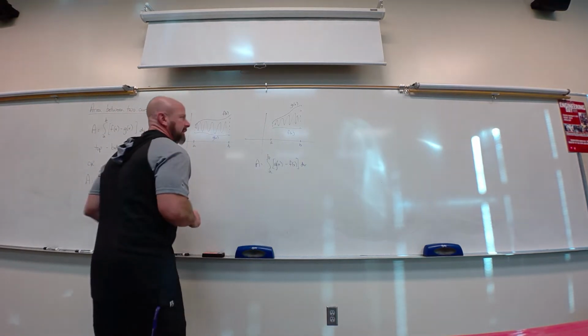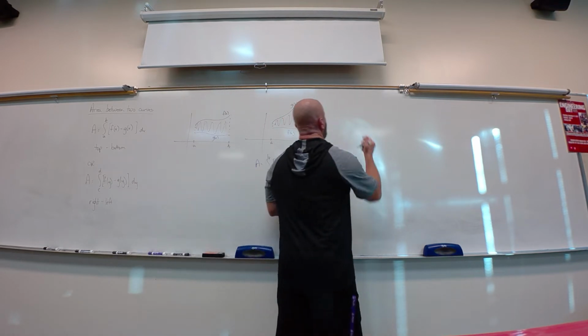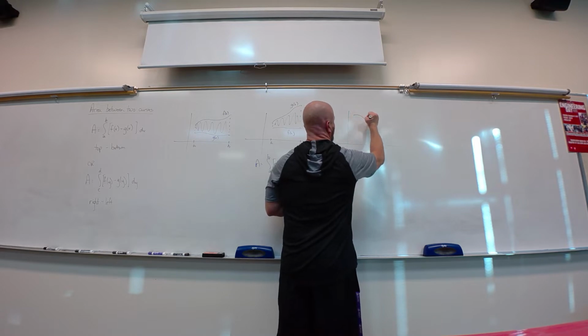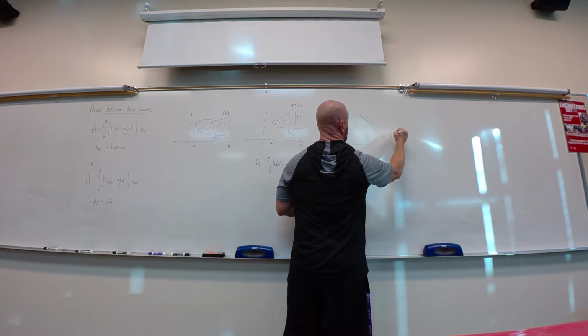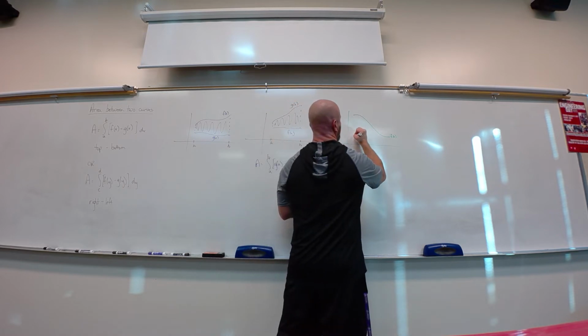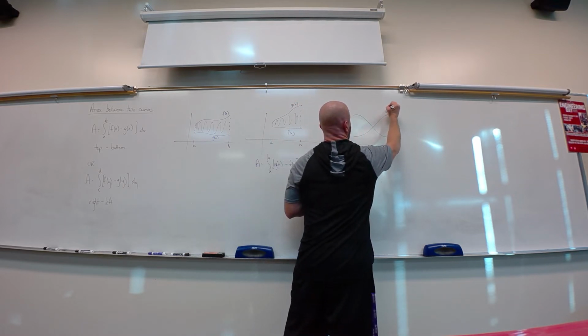Maybe something like this. Give you a different look here. I'm going to get this guy being F of x, and I'll make the purple one here G of x.